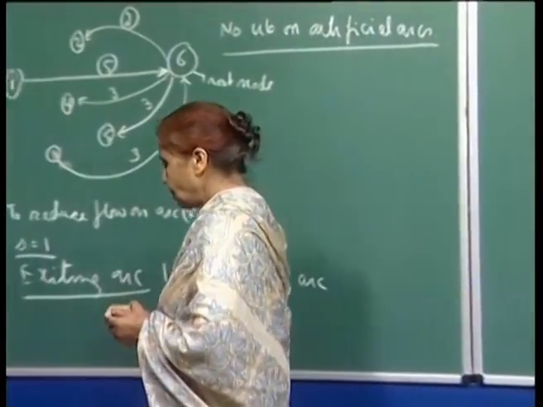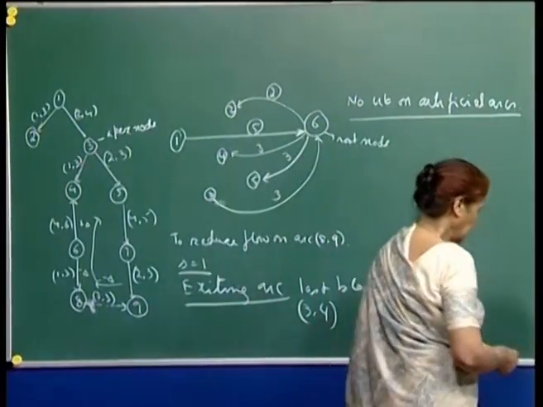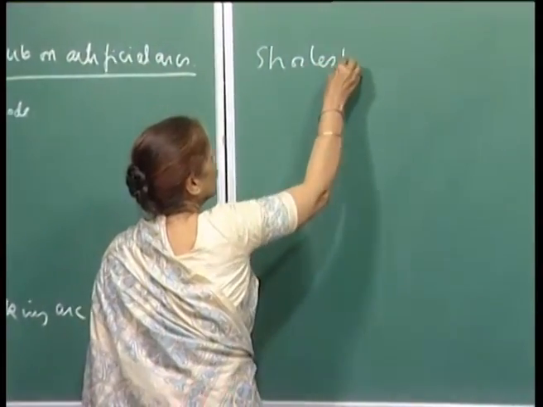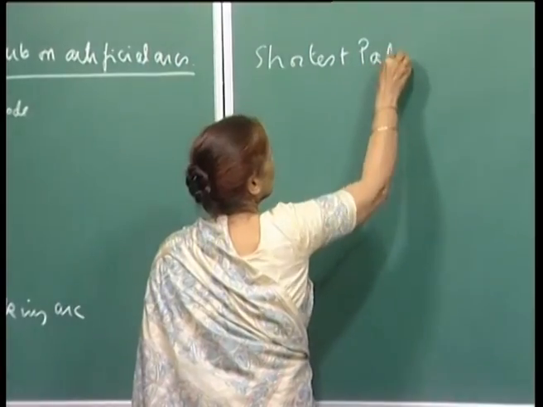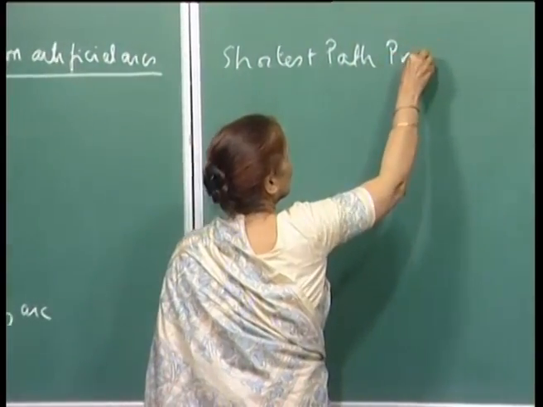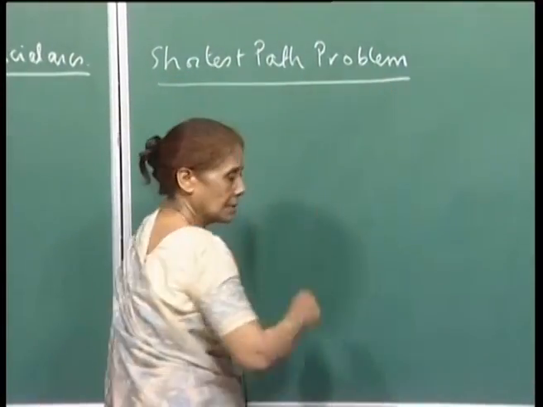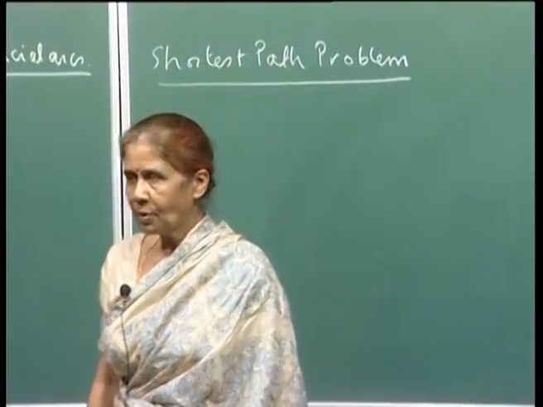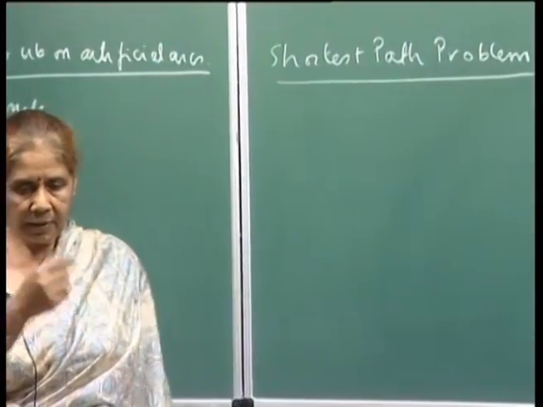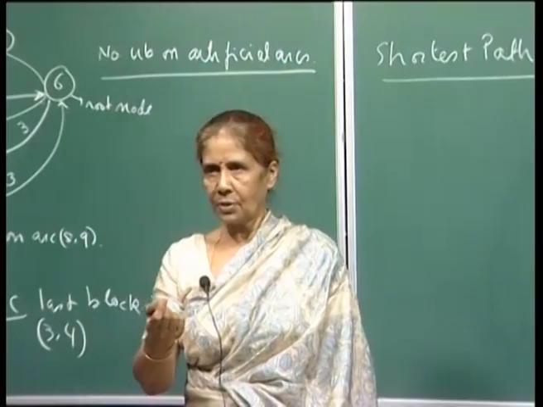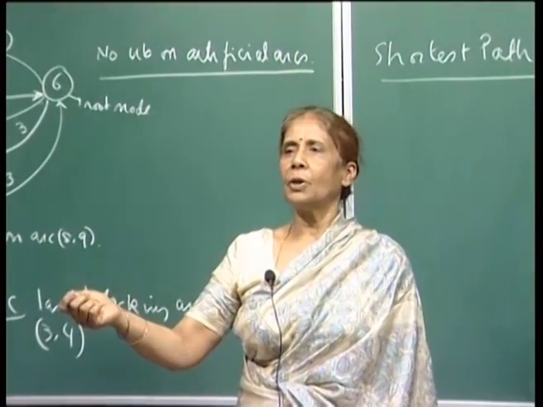Then we come back to the shortest path problem, and I had shown you that this is a special case of the min cost flow problem, where you only have one unit available at the node from which you want the shortest path to be found, up to the node t.